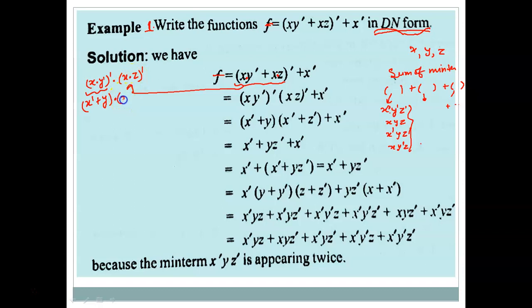It will be x complement, dot means plus, and this is z complement. So this is the way we can open this step, and we are getting this step over here. In our notation we are not putting the dot here, but the meaning is that it is dot. I think it will be clear to all of you.